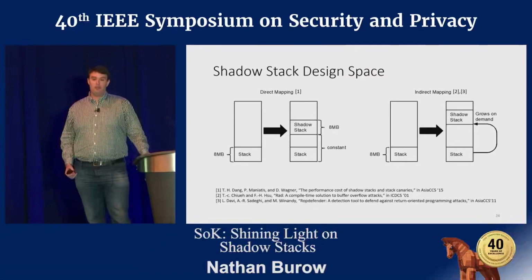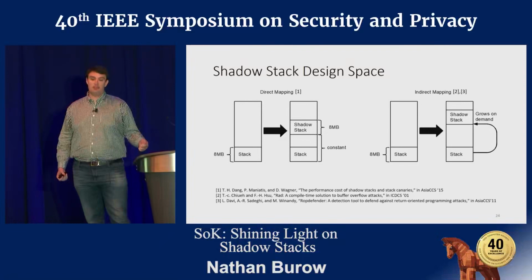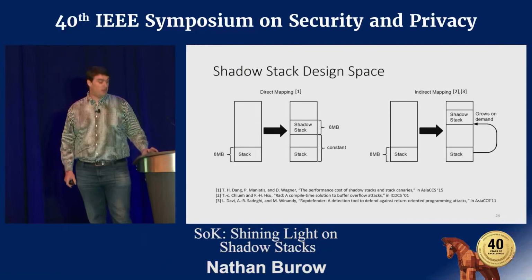Here you are maintaining two stacks, which means that for every call instruction which pushes the return address to the program stack, you have to add instrumentation to also push the return address to the shadow stack. Similarly for returns, you're going to get two pops because you're maintaining two logical stacks. The advantage of this approach is that your shadow stack is very small. It only has to be as large as needed to store the return addresses and maybe the stack pointers to support recursion and so forth.